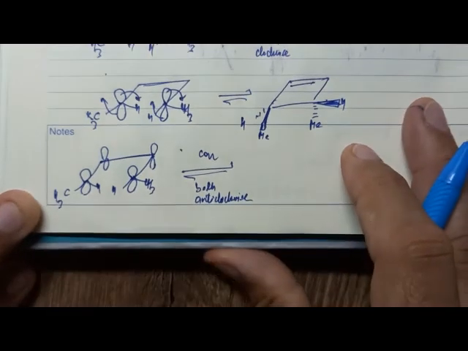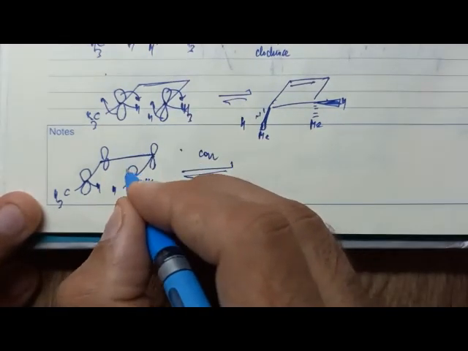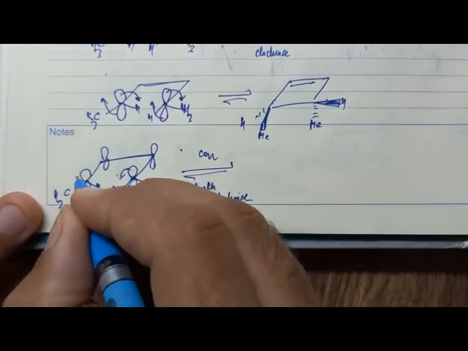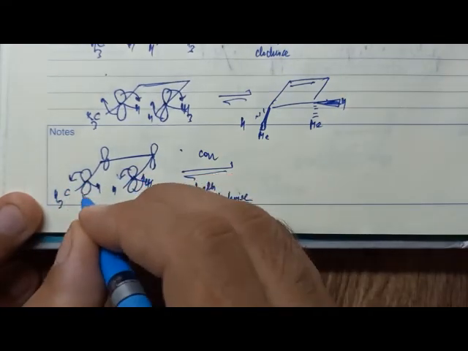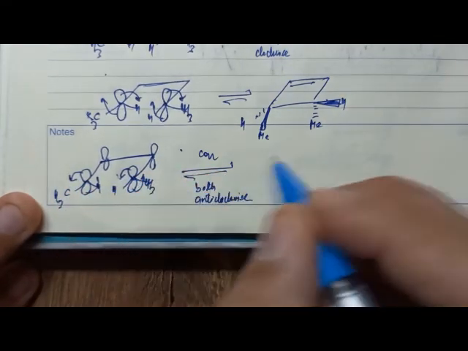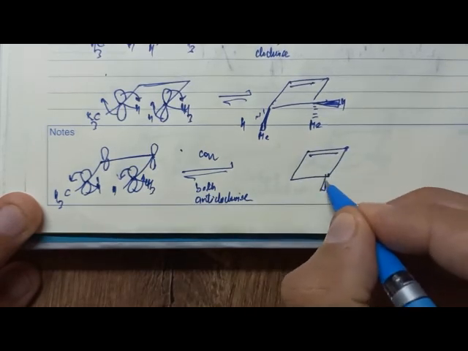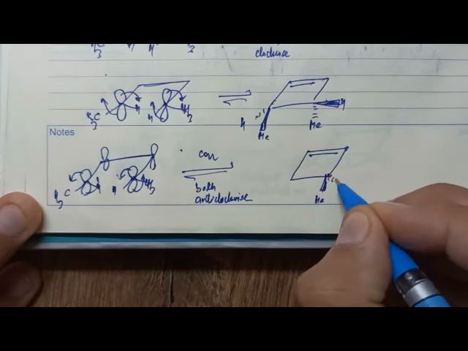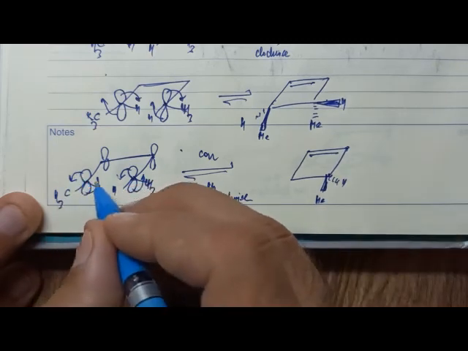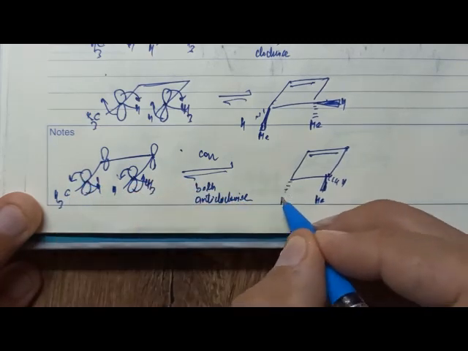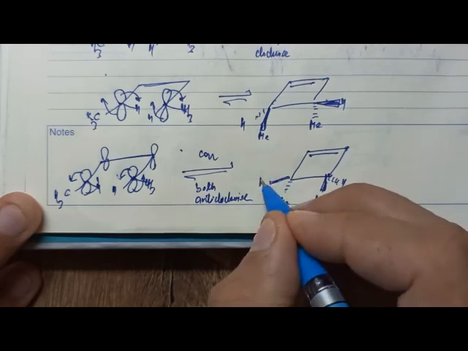Let's say this is moving in this direction, this is also moving in this direction, like this. If this is moving in this direction, this methyl goes above, and of course hydrogen comes down. If this is moving in this direction, this methyl goes down and hydrogen goes up.